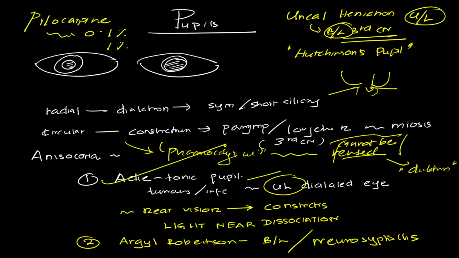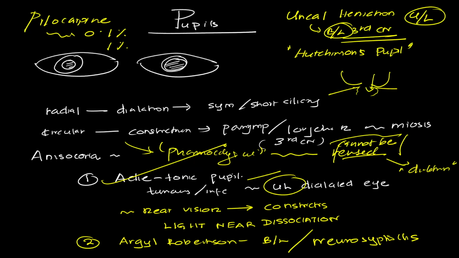The irritation causes overactivity, and the overactivity causes a momentary constriction of the pupil. But later on, it will completely compress the third cranial nerve and cause neuropraxia. Therefore, it will go to a dilation. So this is the Hutchinson's pupil that you come across.